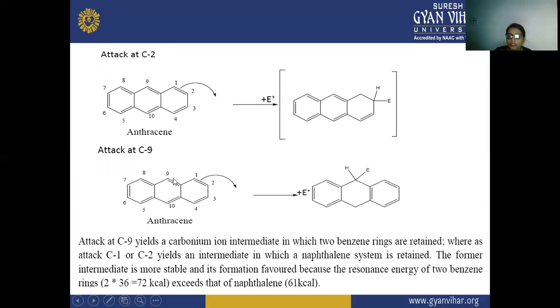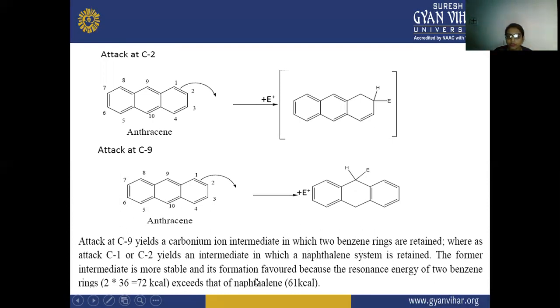But when the attack is on the C9, then 2 benzene rings are retained. So the former intermediate is more stable, and its formation is favored because the resonance energy of 2 benzene rings exceeds that of naphthalene.